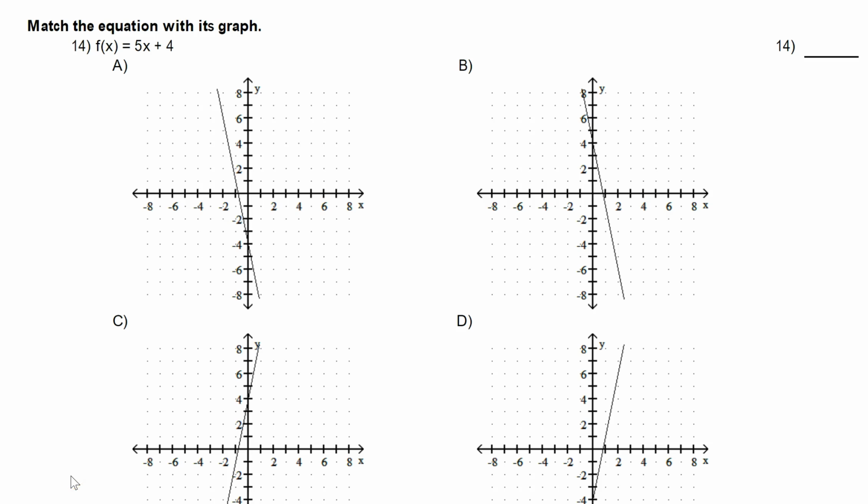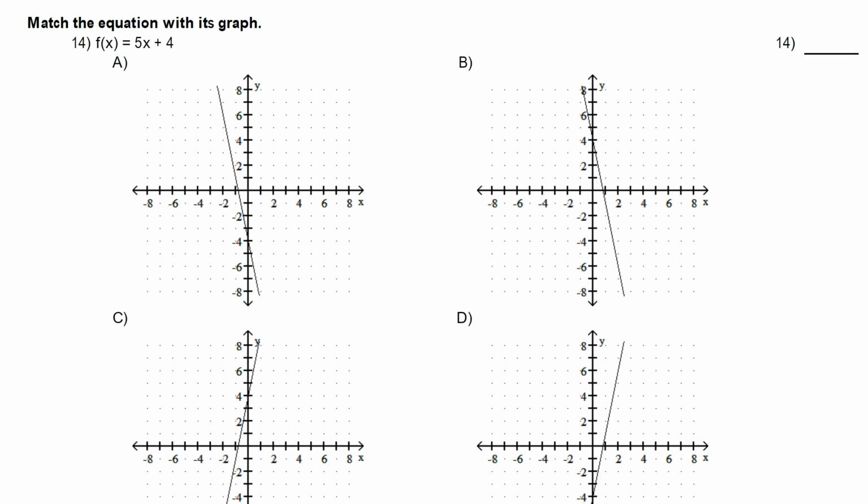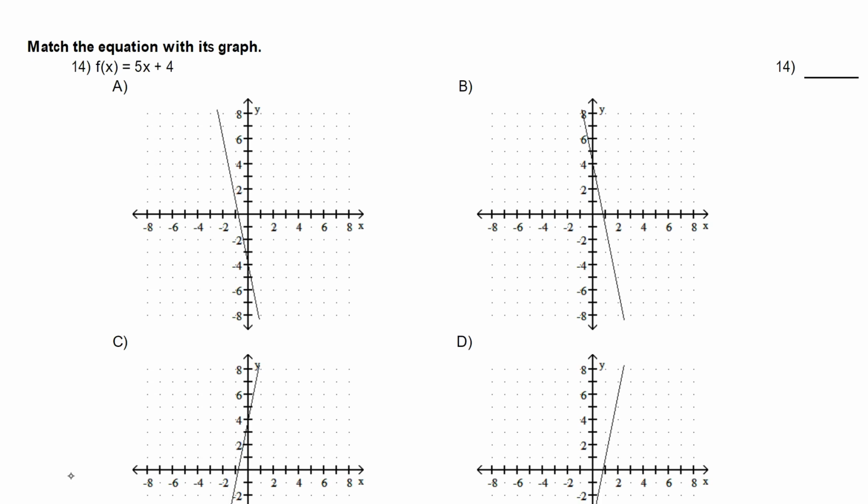Now, for this one, we can do it by inspection. What's our y-intercept? 4. So this one's out because this one's a negative 4. This is a positive 4, and this one down here is a negative 4.